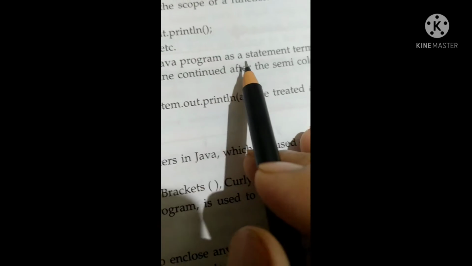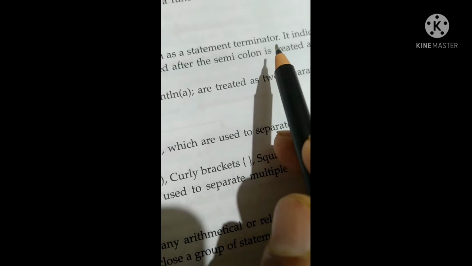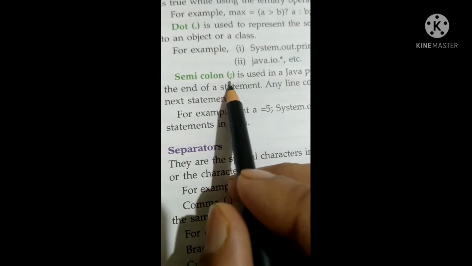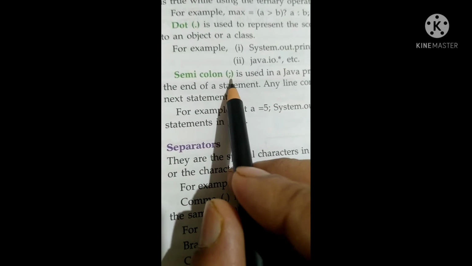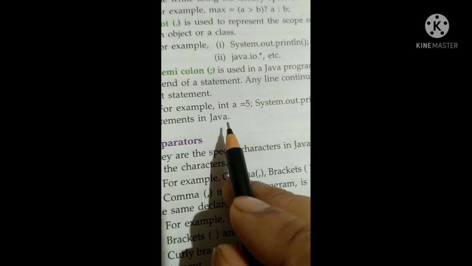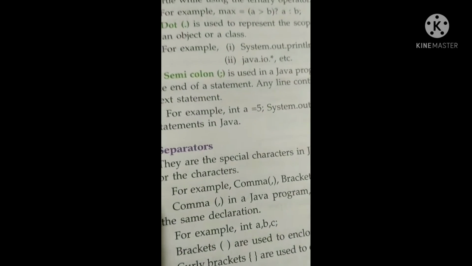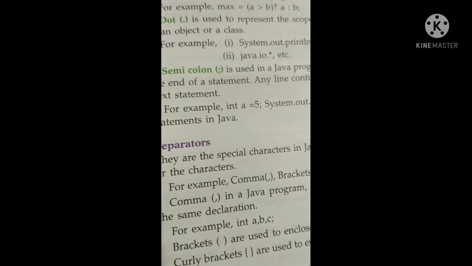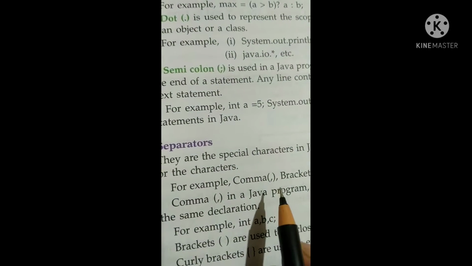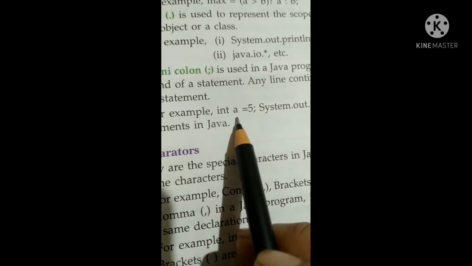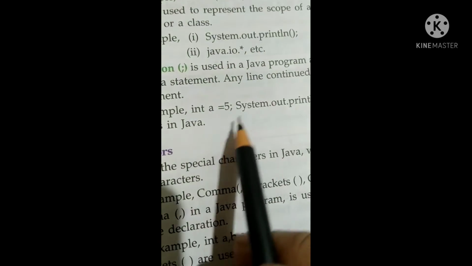Semicolon in a Java program works as a statement terminator. It means the end of the line. Even if you give two or three lines at the same time in a single line, but you give a terminator, the program will understand it is the end of the statement. Int a equal to 5 terminator, System dot out dot println a terminator.